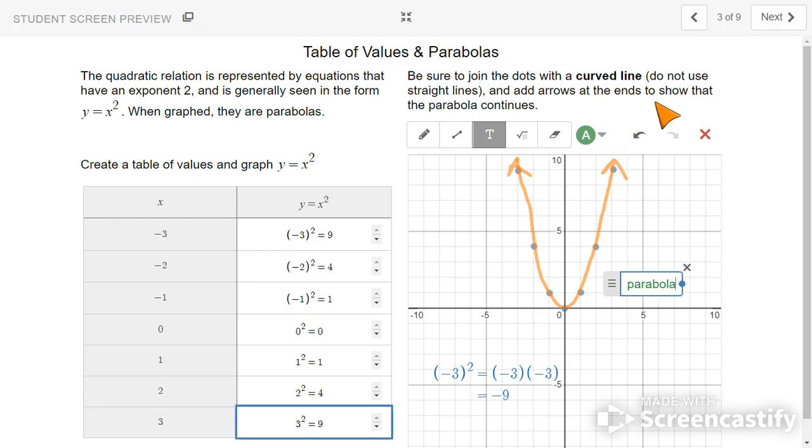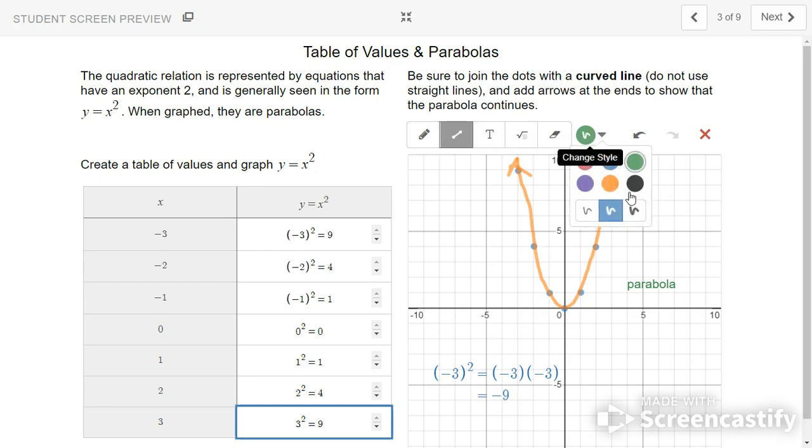And one interesting thing about a parabola is that a parabola always has an axis of symmetry. So when I say axis of symmetry, I mean that as it crosses this line, this is like a mirror image.